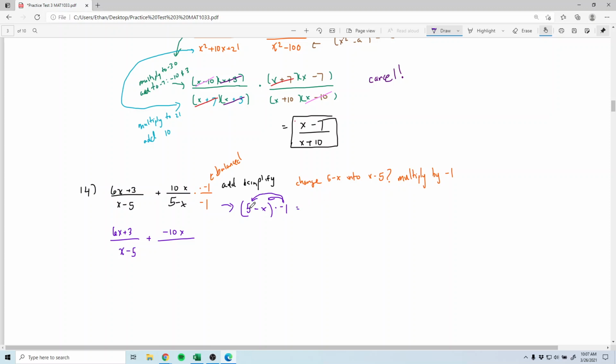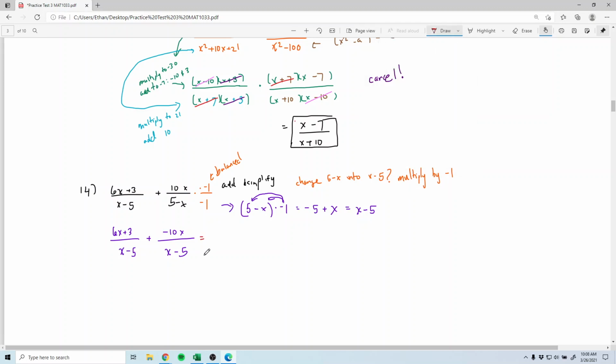And when we do that, we got a negative 5, and negative x times negative 1 would be double minus, gives us a plus x. And because it's addition here, we can switch the order. We got the same thing as x minus 5. So we can see that it does in fact become the same denominator.